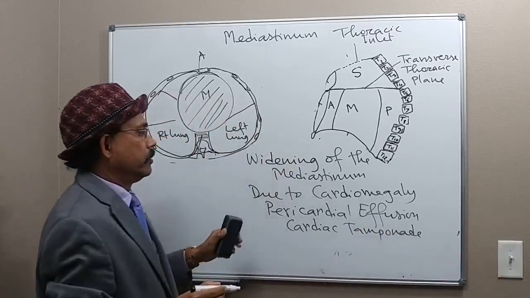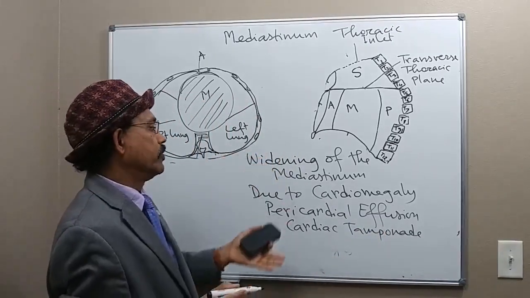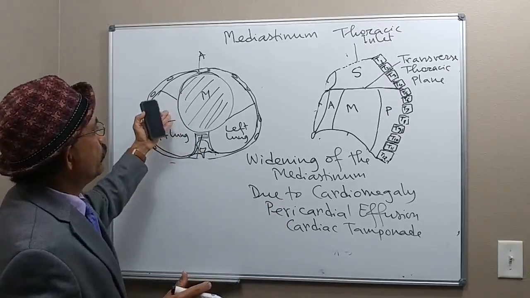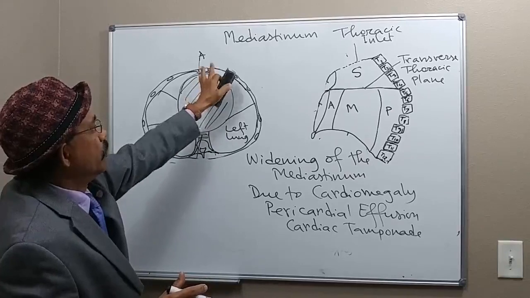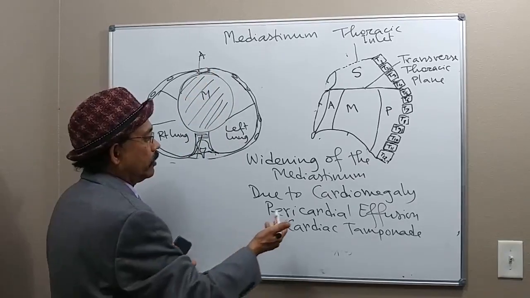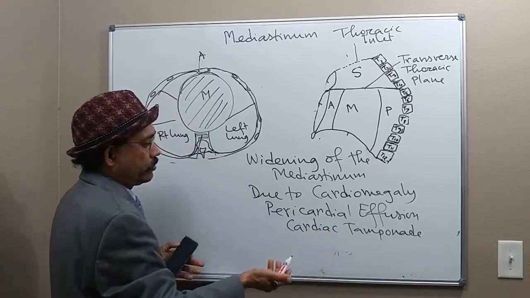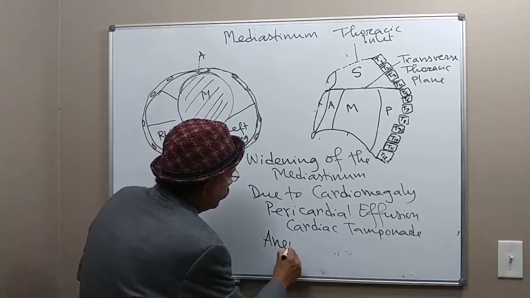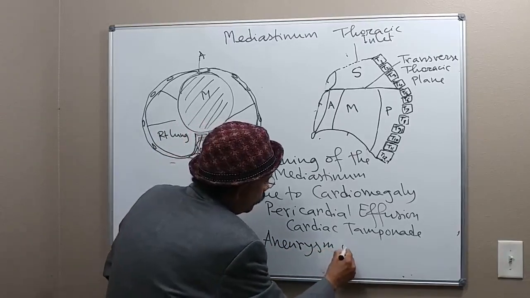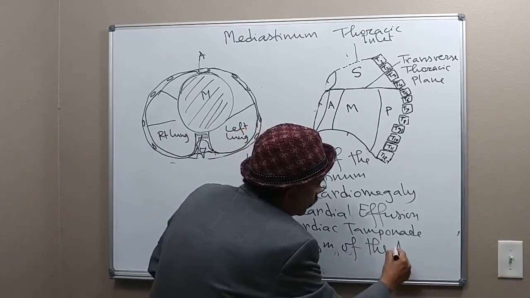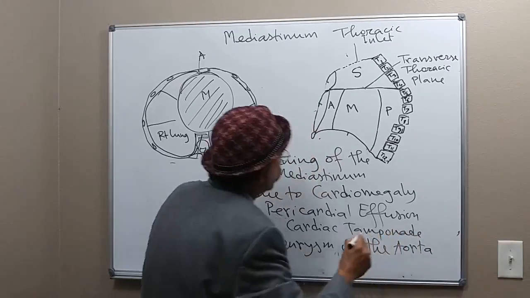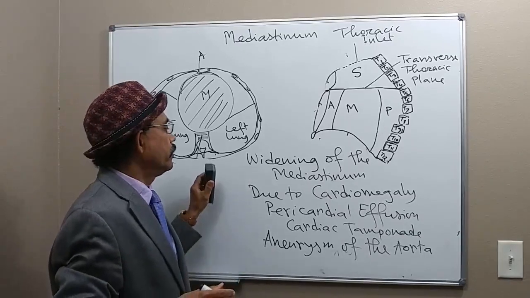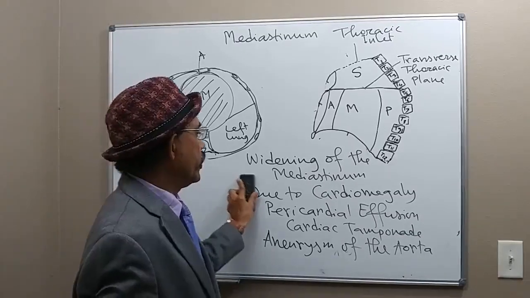You may have a tumor in the mediastinum, which may also widen it. An anterior mediastinal tumor is also possible. So pericardial effusion, cardiac tamponade, or aneurysm of the aorta are all causes for widening of the mediastinum.